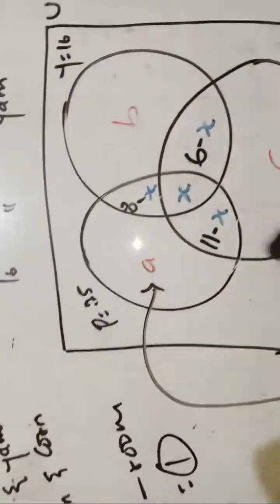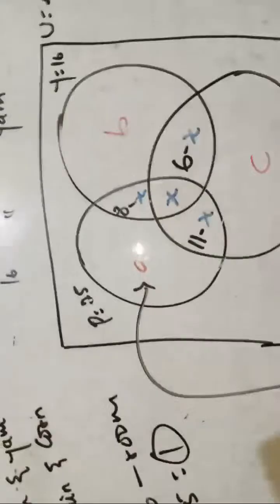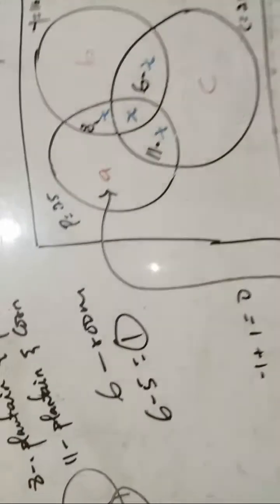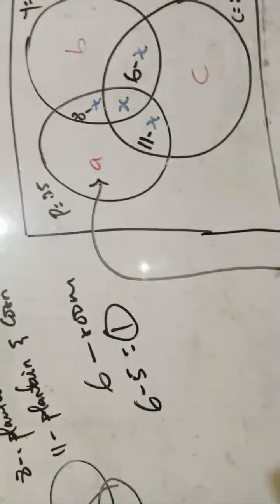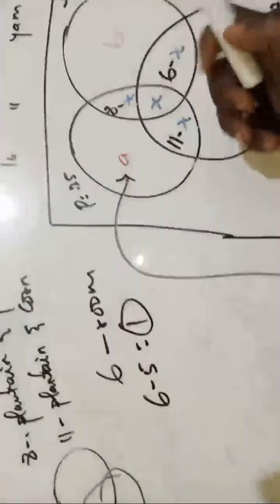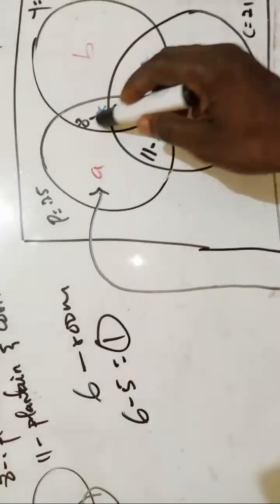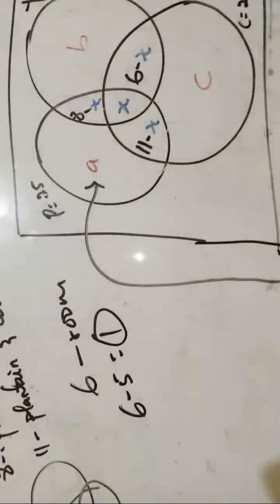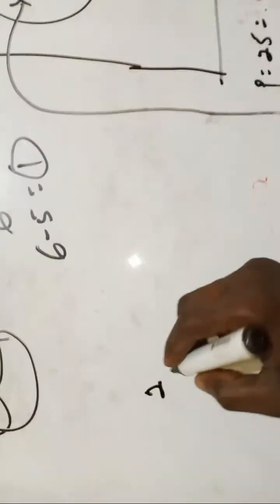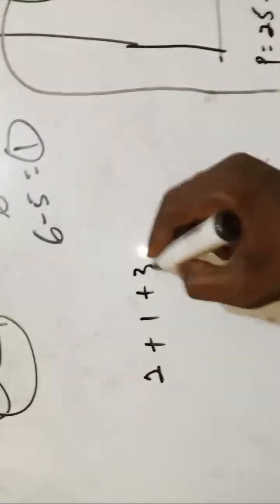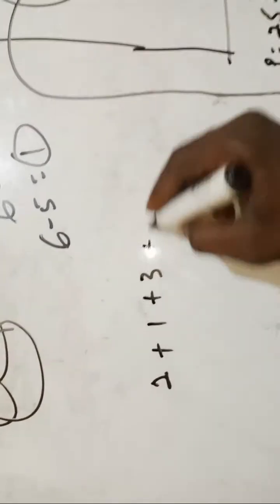So what I'm trying to say here is that, let's say the rooms are 4, right? Let me use just one point to explain. The rooms are 4. How many rooms are here? 1, 2, 3, 4. So 4 rooms are there. So if the rooms are 4, maybe the first person has 2, then 1, then 3, and then 8.